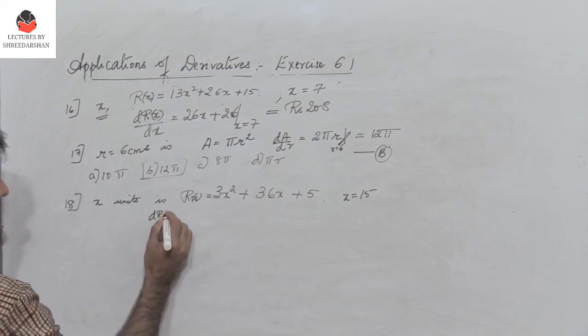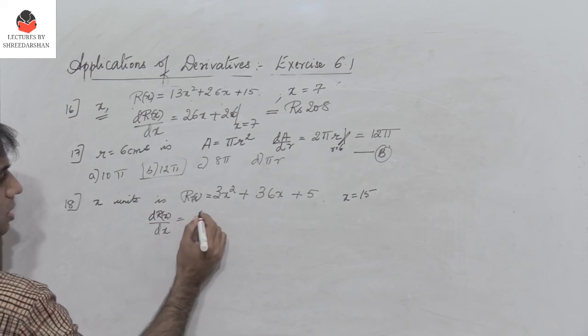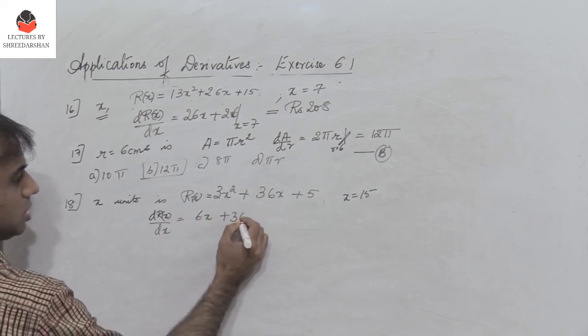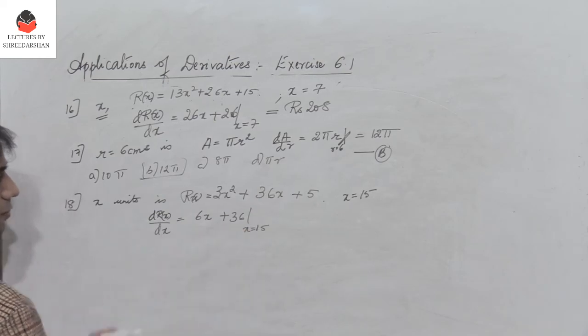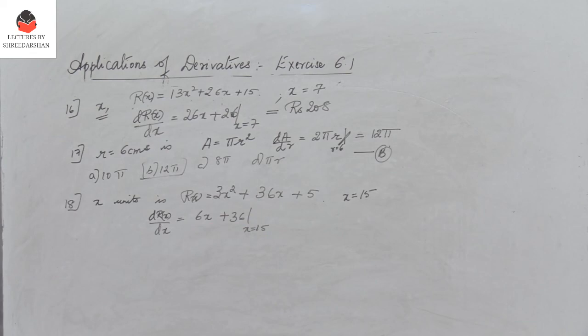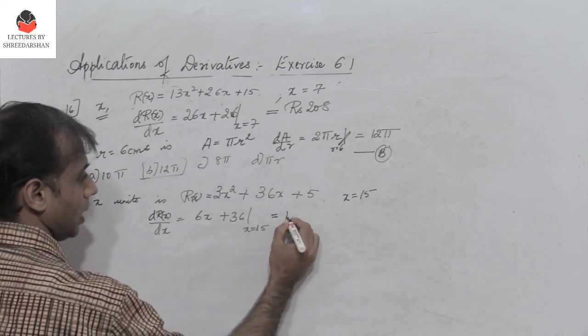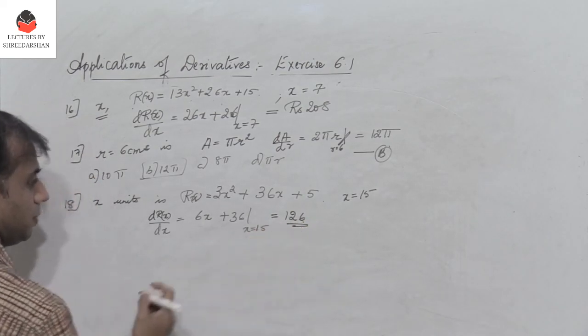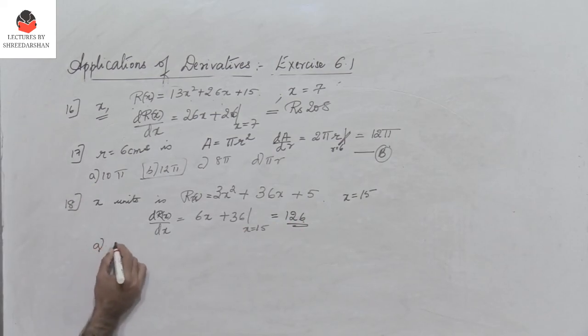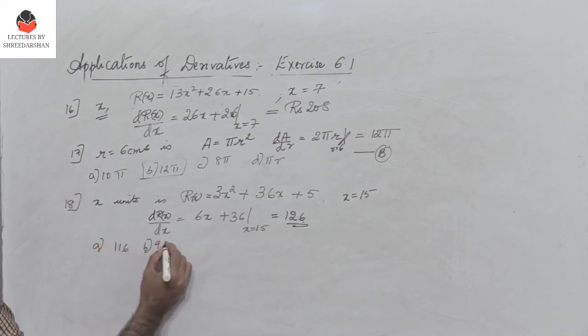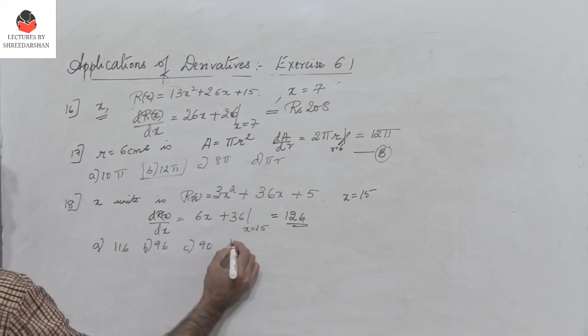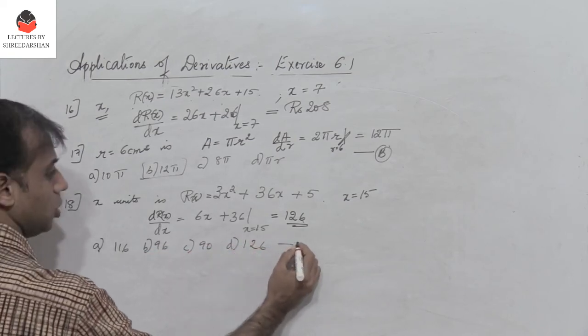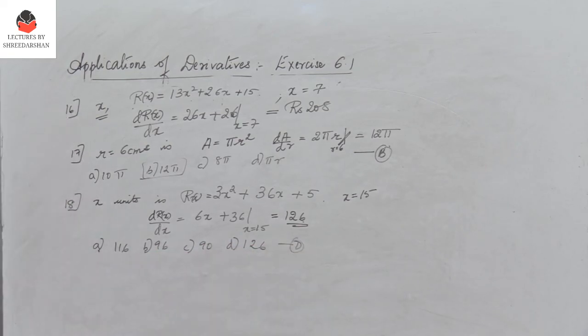So dR of x by dx is 6x plus 36. I need to put the value of x as 15. Alright, so when I put the value of x as 15, what do I get? So it is 90 plus 36, so I get 126, right? So you have 4 options: A is 116, B is 96, C is 90 and D is 126. So the right option is D, which is 126.